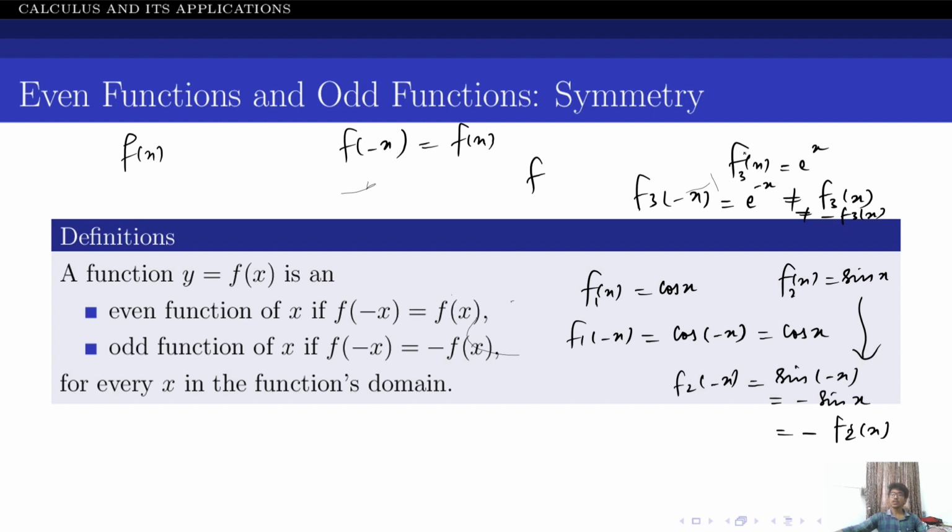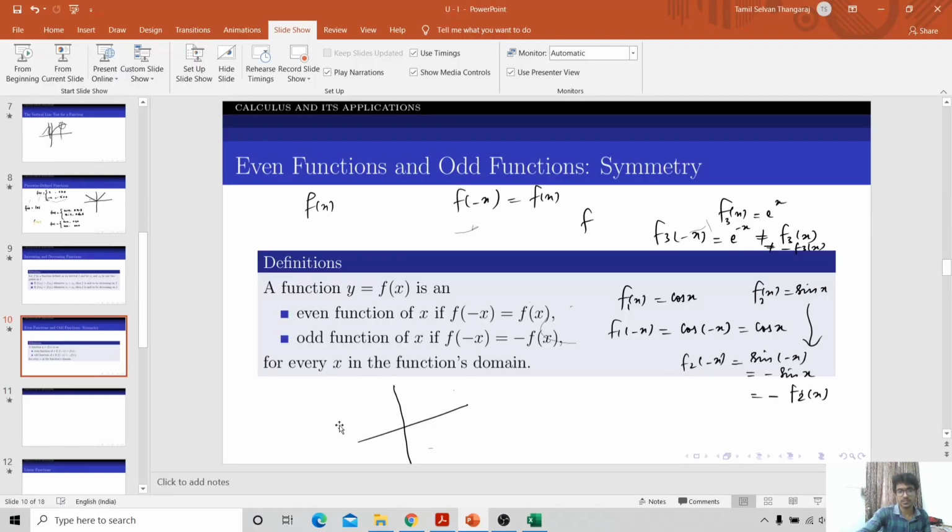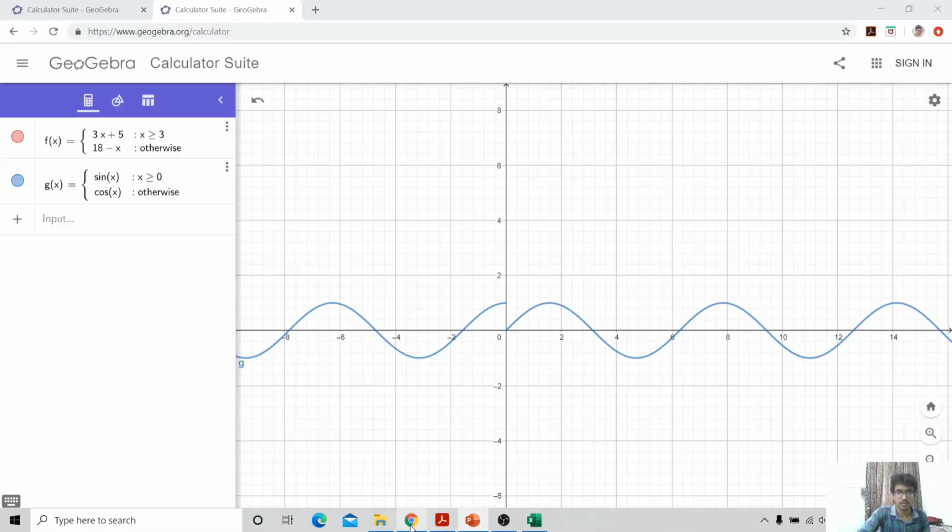Okay, and when you try to look at these definitions in the graphical point of view, let us plot these functions in the graph and see what is an example of odd function and even functions. Let me delete these things.